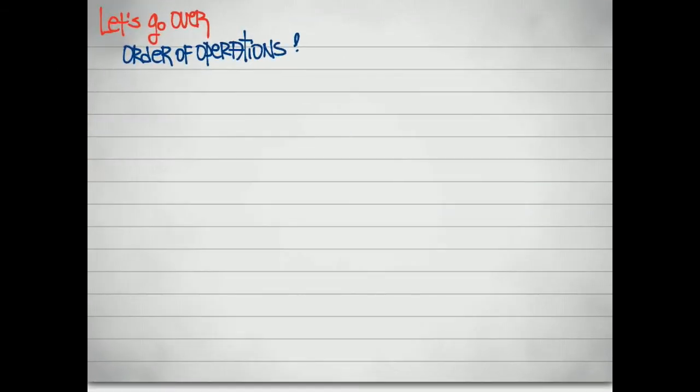So you actually might know the order of operations already, but we're going to recap for anyone who might not. We use the mnemonic device, please excuse my dear Aunt Sally, to help remember the acronym PEMDAS.